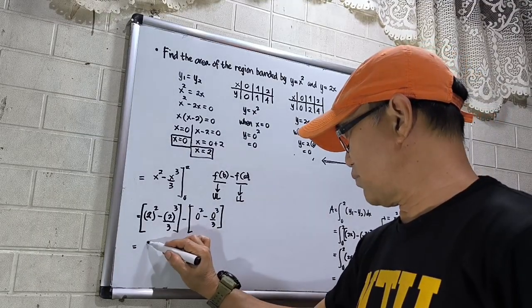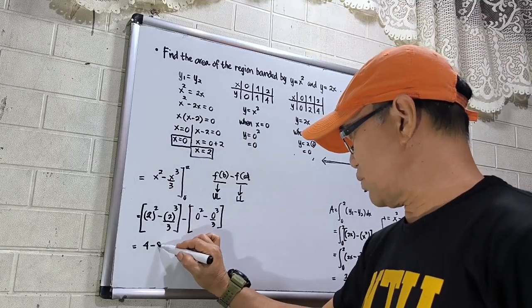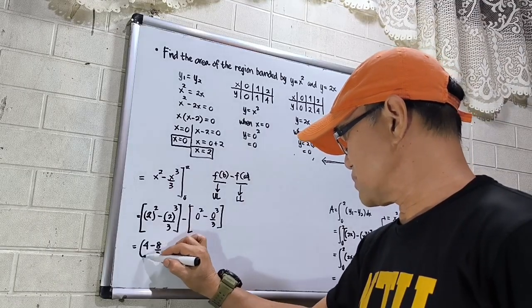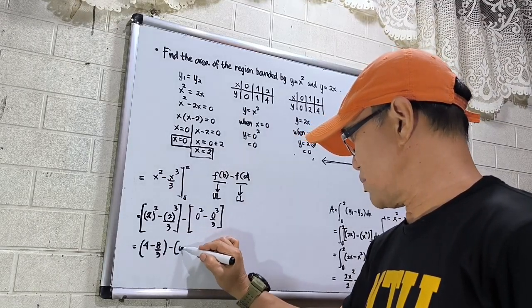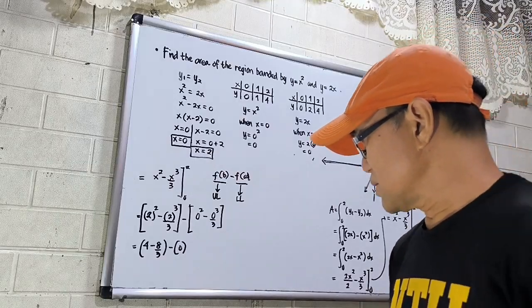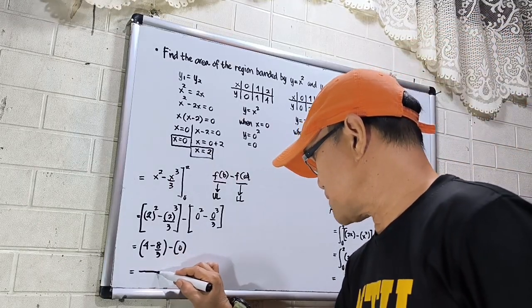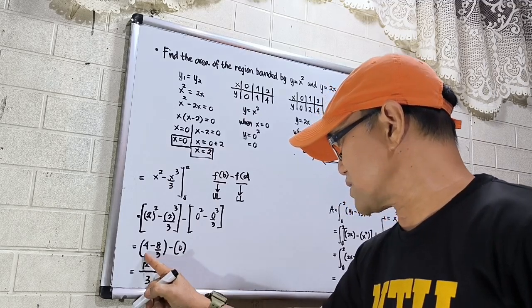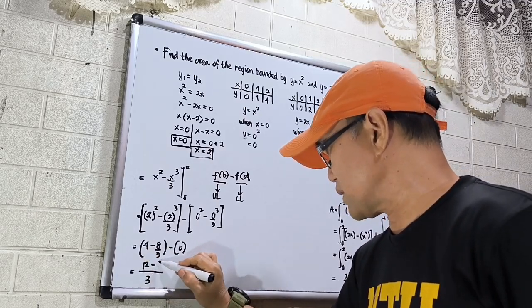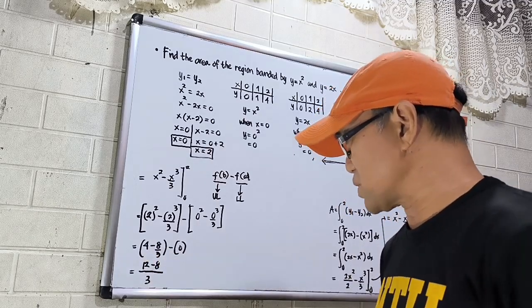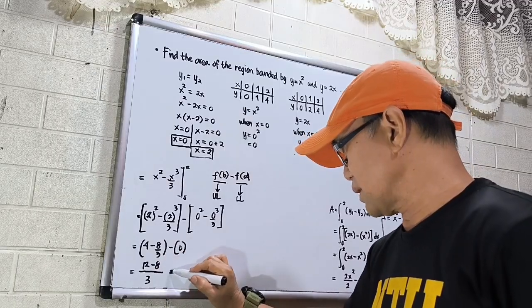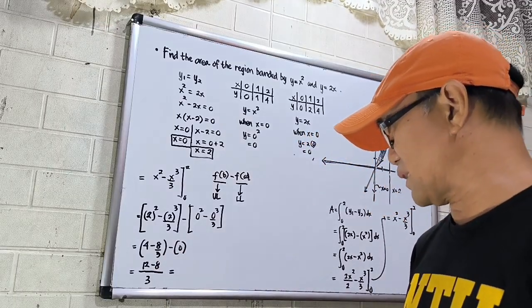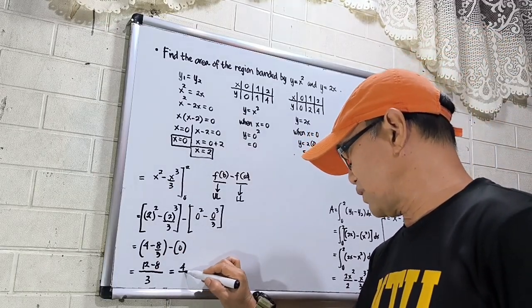So this will be 4 minus 8 over 3 minus 0. The LCD will be 3, so 4 becomes 12 over 3, minus 8 over 3. So 12 minus 8 is 4 over 3.